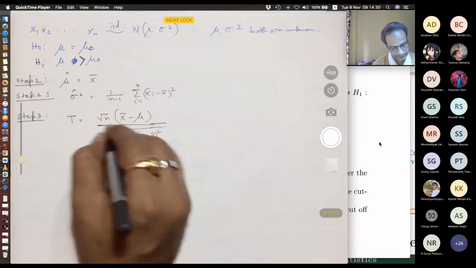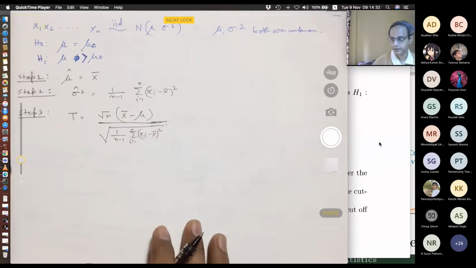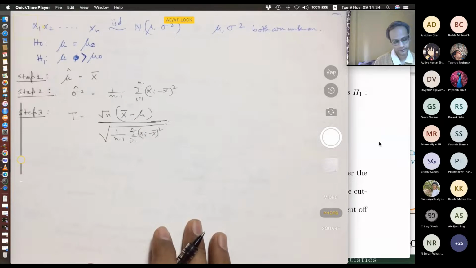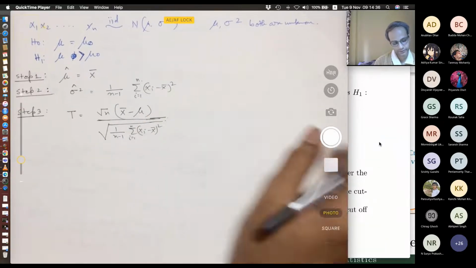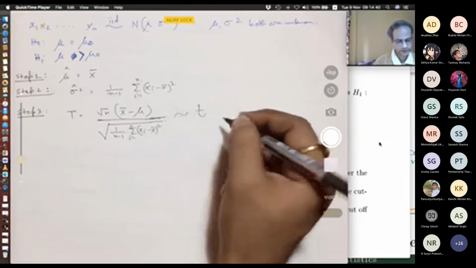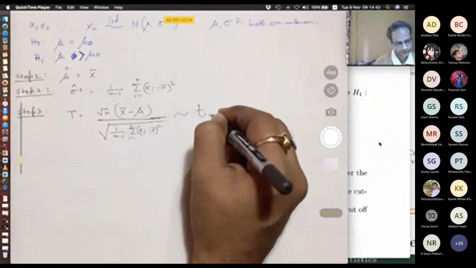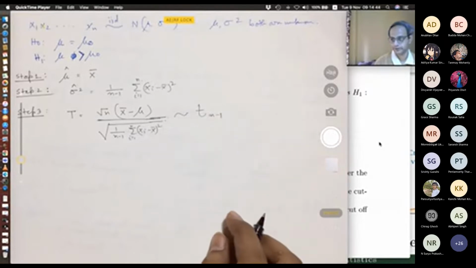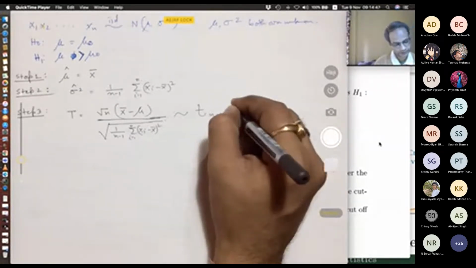This is the test statistic, and in any circumstance for normal mu, sigma square, this will follow in general a T distribution with n minus 1 degrees of freedom. Okay, in general.